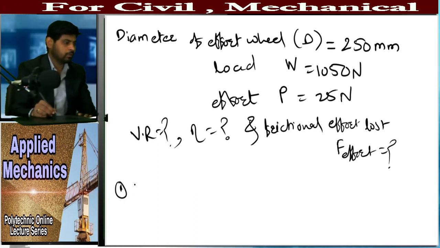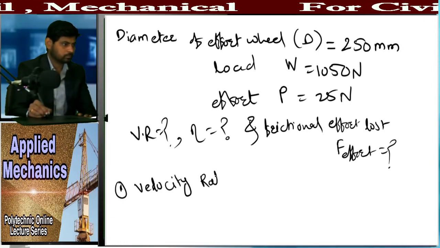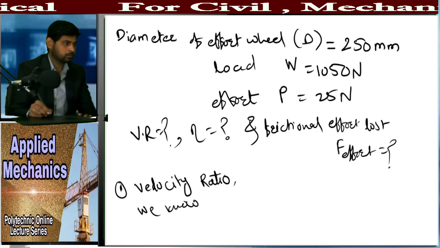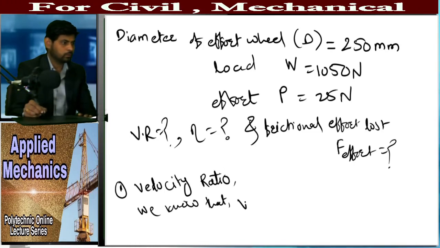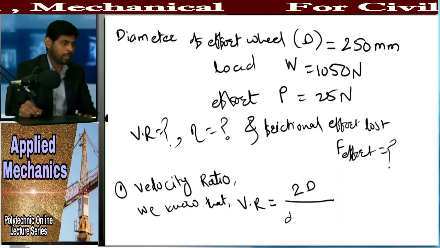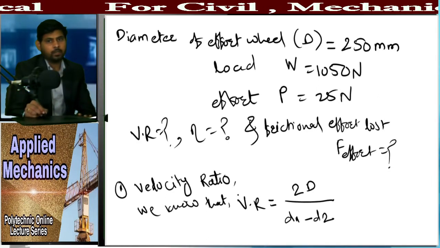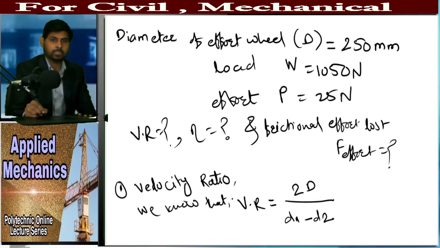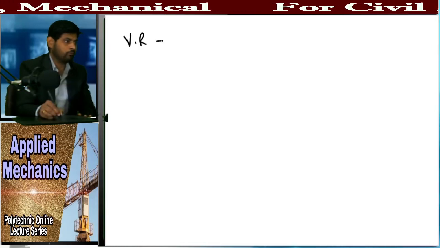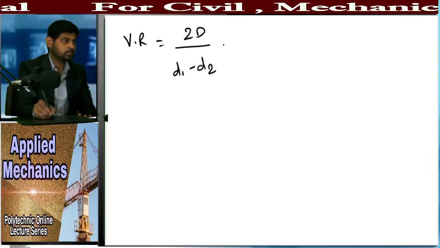So first thing is the velocity ratio. We know that the velocity ratio is equal to 2D divided by d1 minus d2. This is the velocity ratio for the differential wheel and axle, which we have recently seen. So now put in all the values: VR equals 2D divided by d1 minus d2.